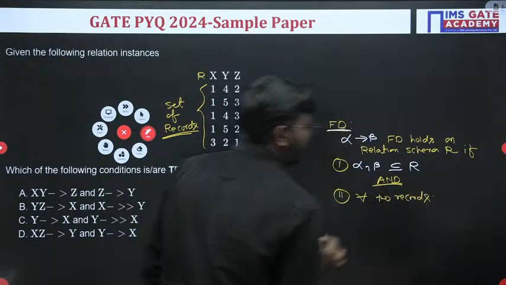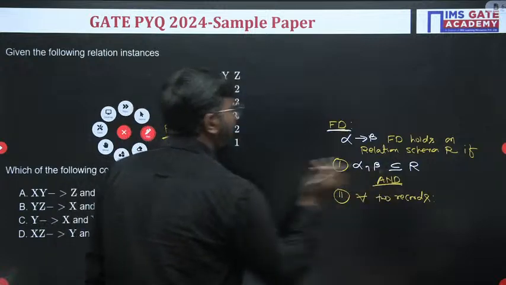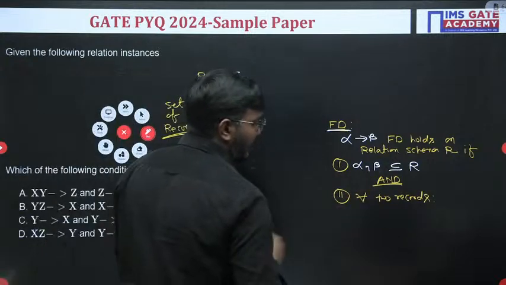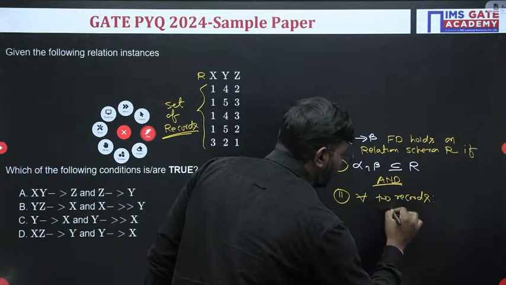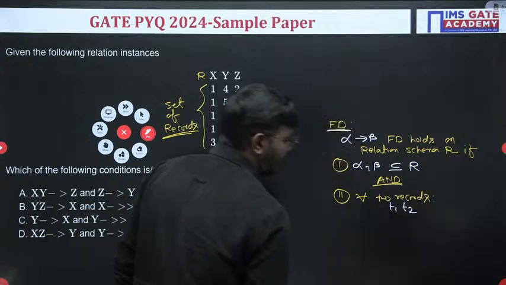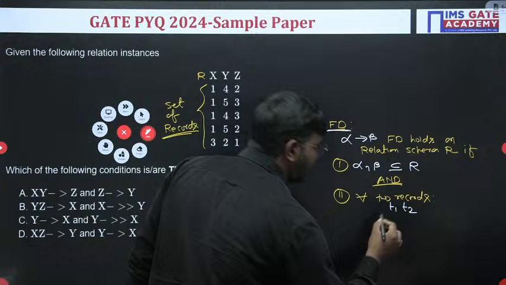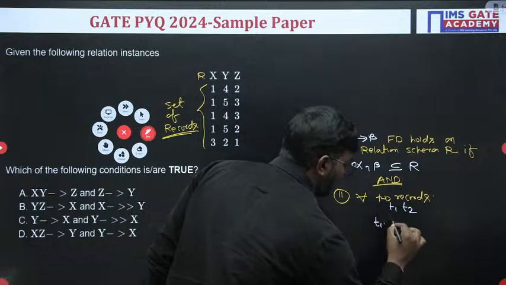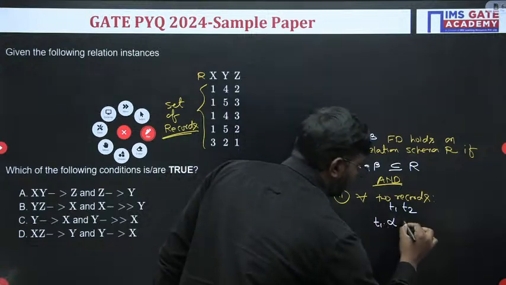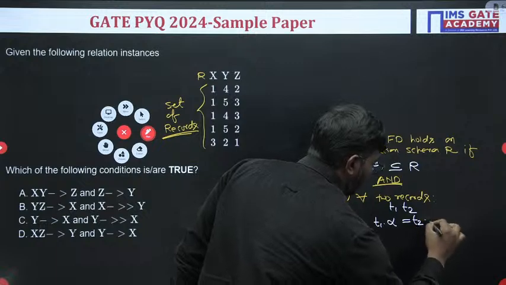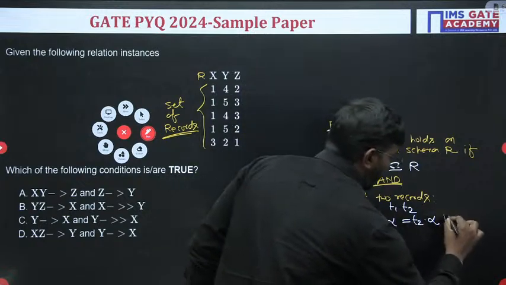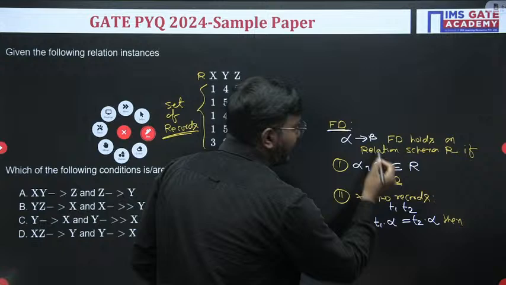if you take every two records in the relation here, let's take these two records, T1 and T2, fine. Now for every two records, if T1 dot alpha is the same as T2 dot alpha, then we can say that the beta part must be the same.